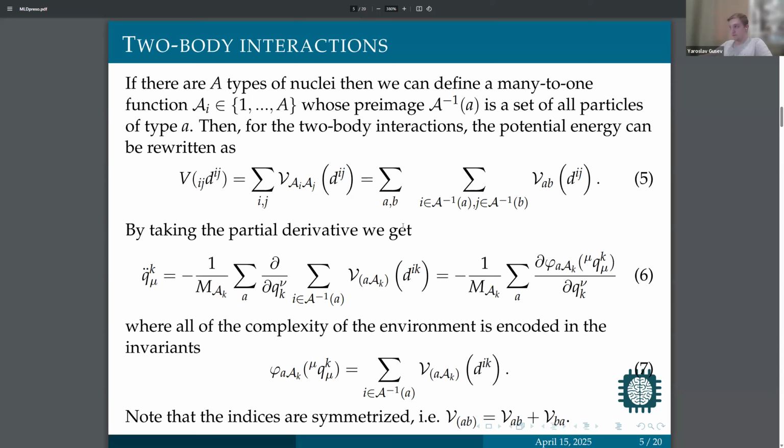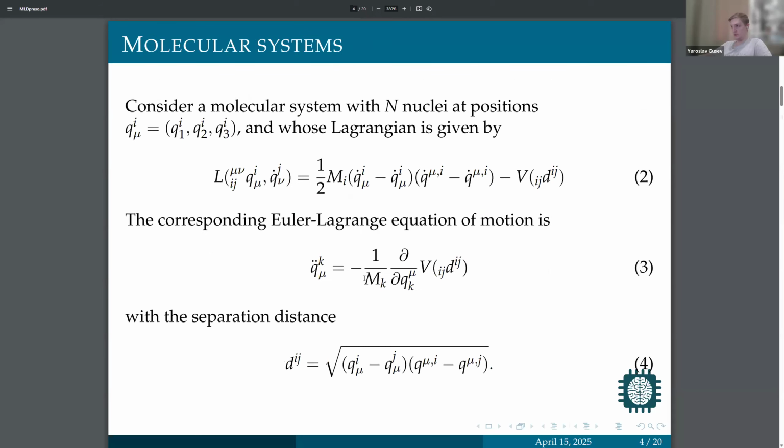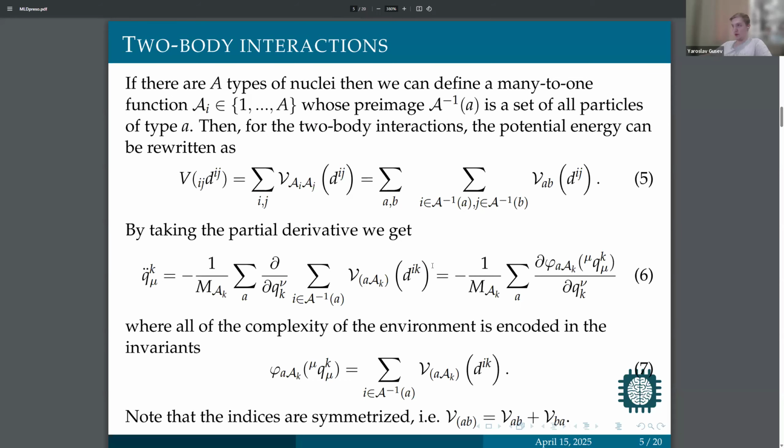Then we may be interested in getting the equations of motion, so that as previously we need to differentiate the potential energy, and so we perform this differentiation.